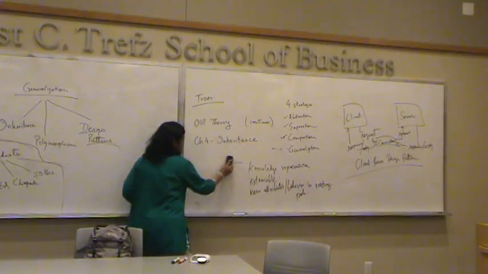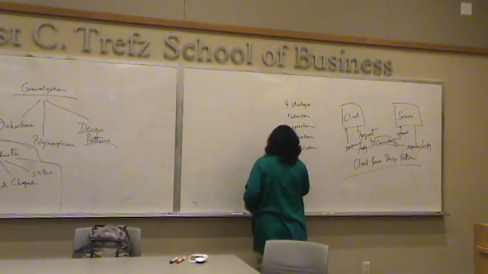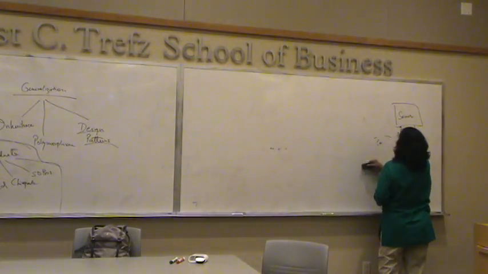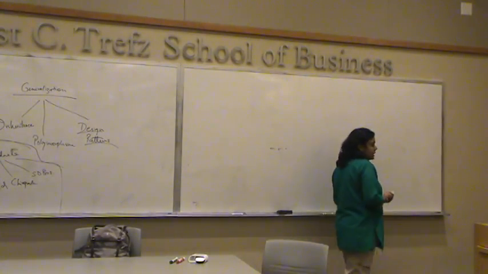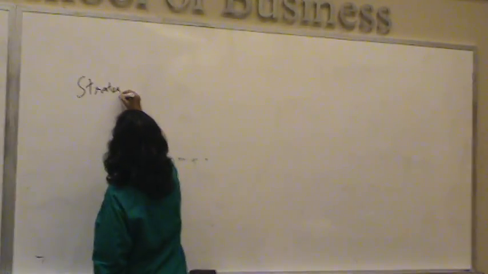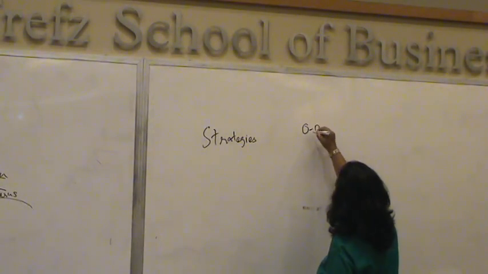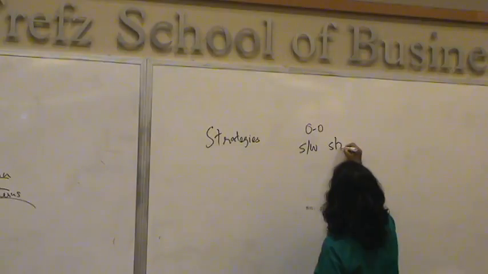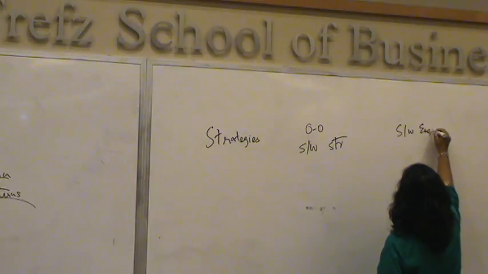So let me put a... so what they are doing is we have one column where there are the strategies, the other column that talks about object-oriented software structures, and the third one as the software engineering goals.